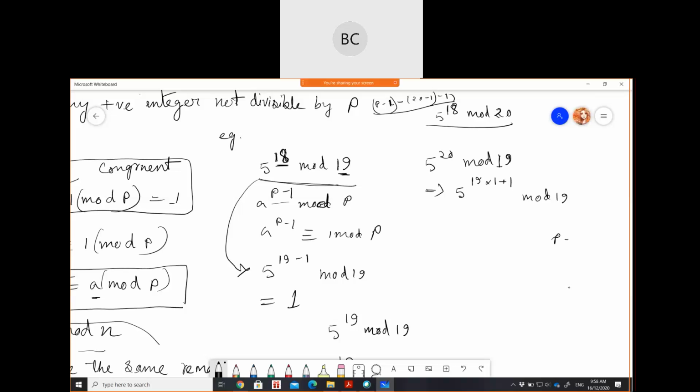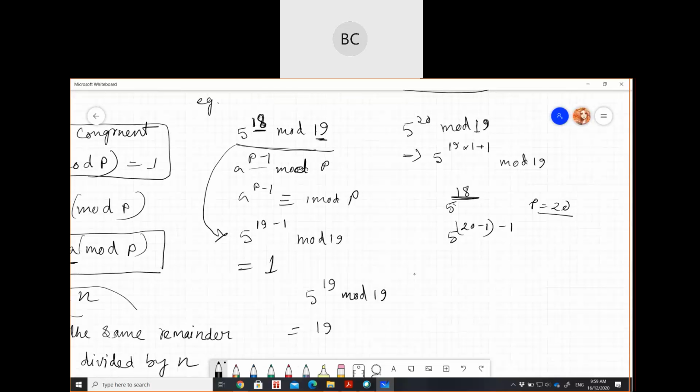If p is 20 and you are saying it's 5^18, then you have to make sure this whole expression comes in terms of p. So you can write 20 minus 1, 19, and minus 1, mod 20. Then you can again divide it, p 20 minus 1.